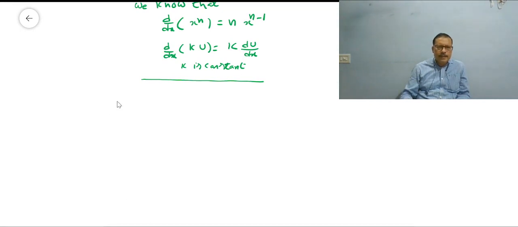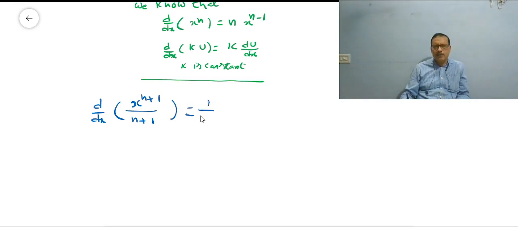Now, d by dx of x to the power of n plus 1 by n plus 1. Here 1 by n plus 1 is a constant. I take this outside and differentiate x to the power of n plus 1. That is d by dx of x to the power of n plus 1, so this is equal to 1 by n plus 1.